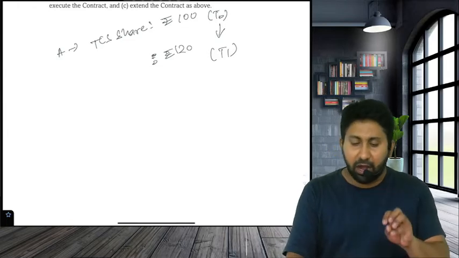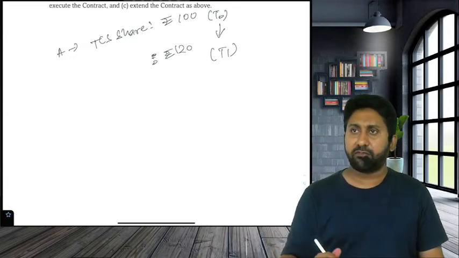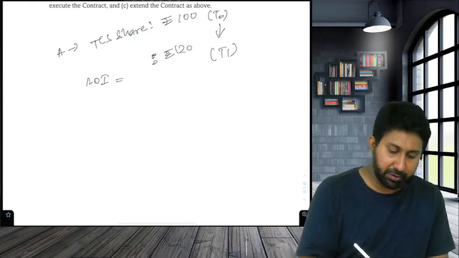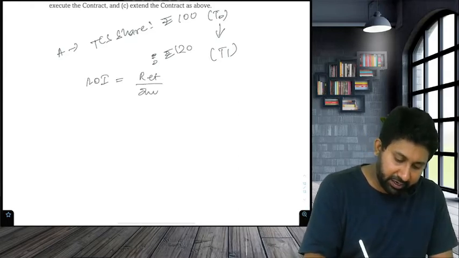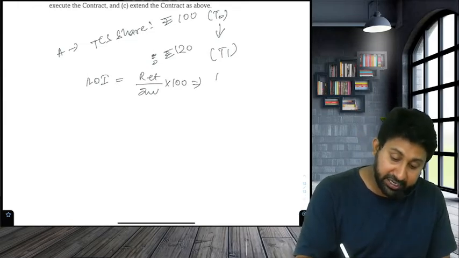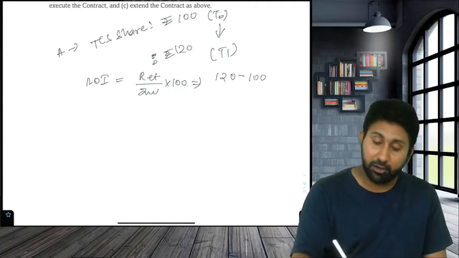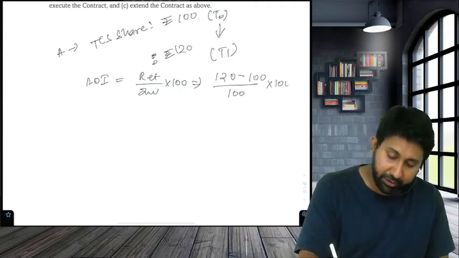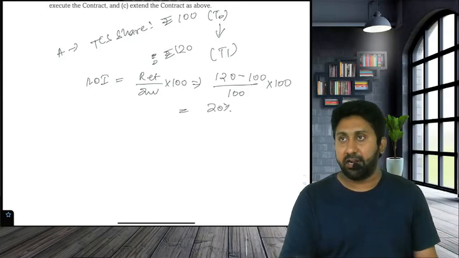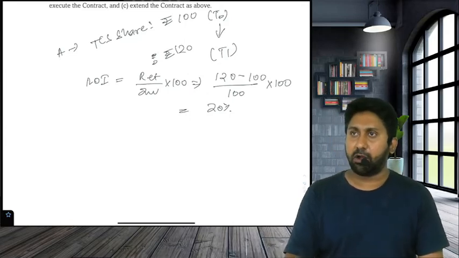Now if you ask Mr. A how much return he made out of holding the TCS share, he will tell you: return on investment equals return divided by investment into 100. I sold at 120, purchased at 100, whole divided by 100 into 100, that is 20%. This 20% we call a return per annum, my holding period return, my yearly return, because I held for 1 year.